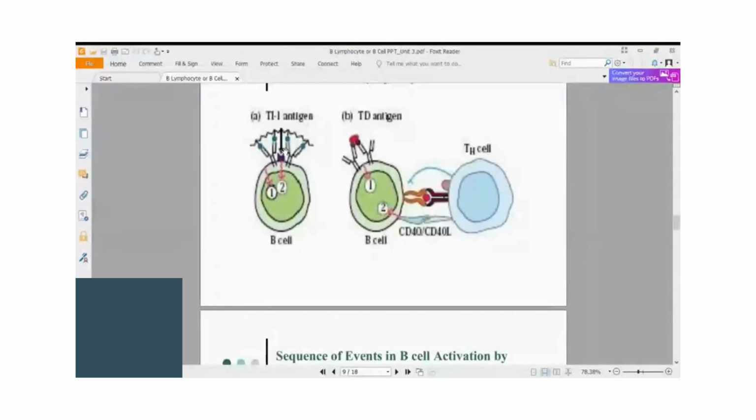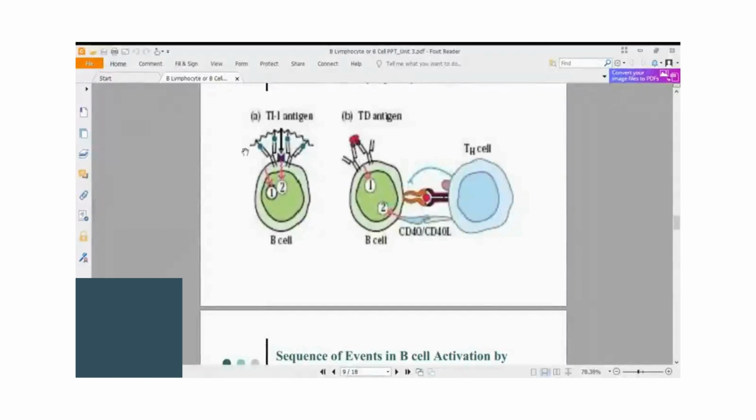These type 2 TI antigens establish contact with the mIgM in this manner, but this is not a TI antigen. It is shown here for TD, but the linking will be like this. Two adjacent molecules of the mIgM are cross-linked by one antigen.